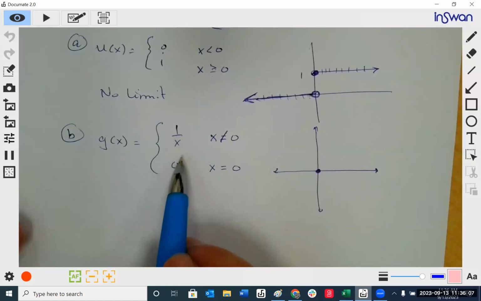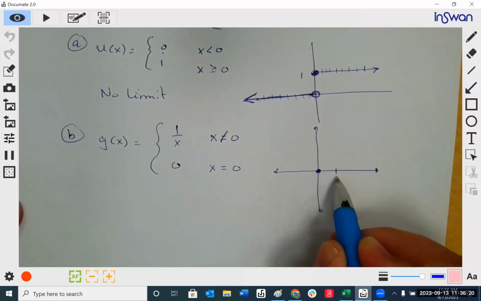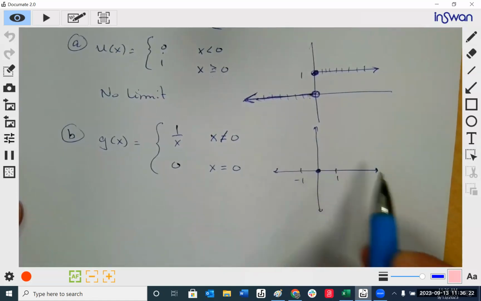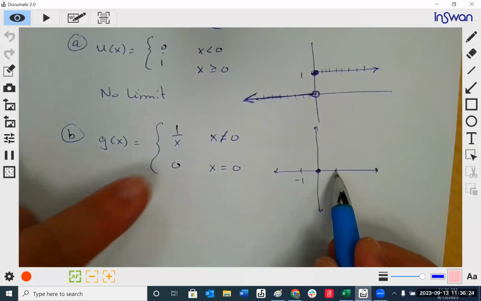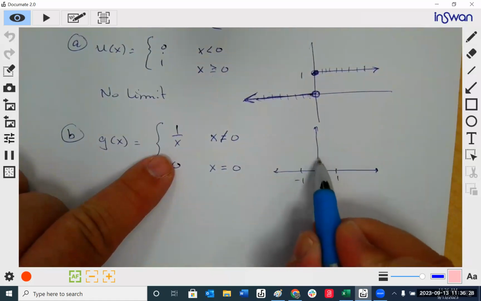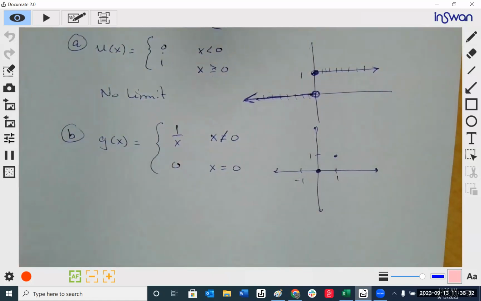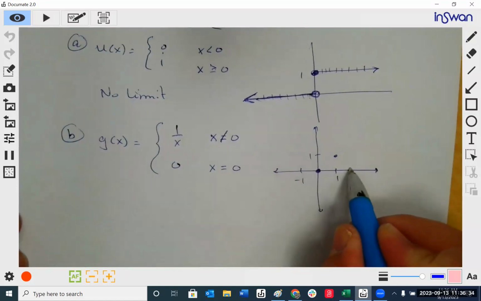The rational function, we can't have X equals 0 because it's undefined. What does the graph look like? When X equals 1, what does Y equal? It equals 1. When X equals 2, what does Y equal?